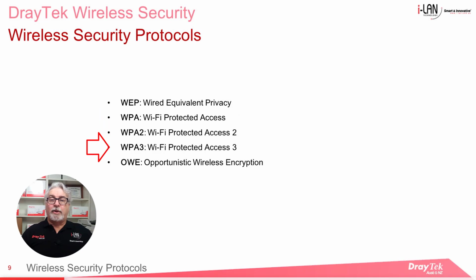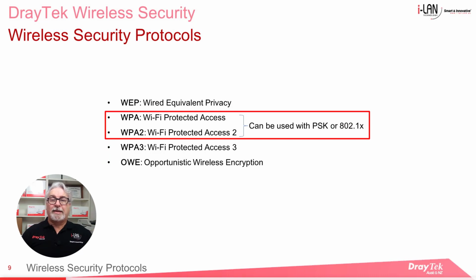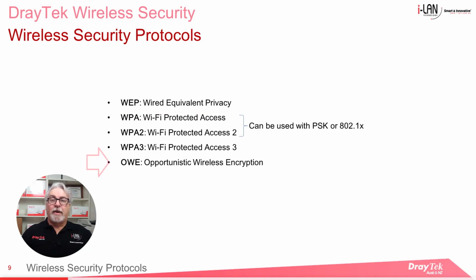And now we have WPA3, which is the most secure. Both WPA and WPA2 can be used with PSK or 802.1x to authenticate users. PSK stands for Pre-Shared Key. OWE, Opportunistic Wireless Encryption, was introduced into DrayTek routers in the latest firmware. Let's look at these in a bit more detail.